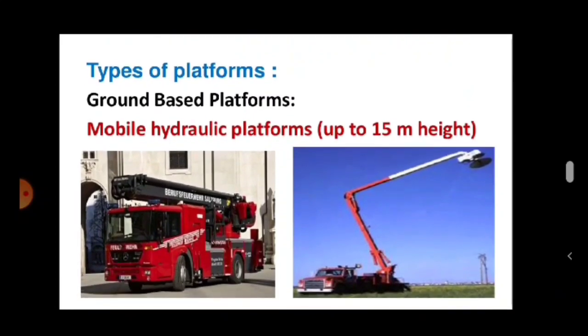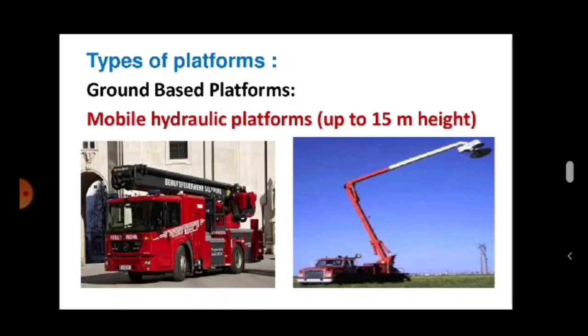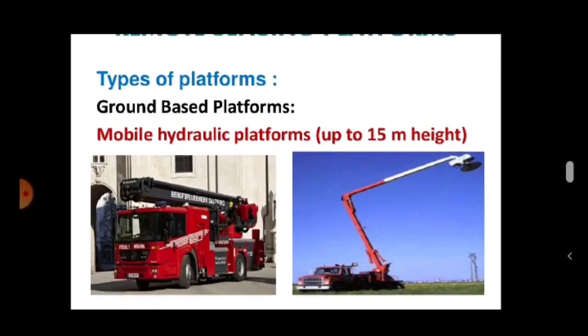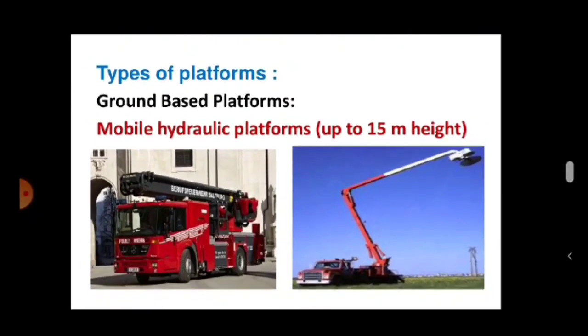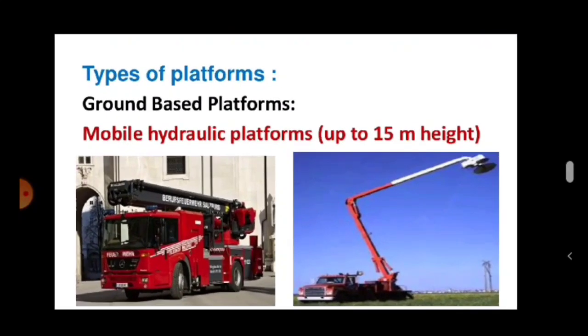So ground-based platforms, usually the mobile hydraulic platform is one of the examples for this, and also when it comes to 50 meters height, we focus on these types of sensors which can be mobile, easily explained by giving an example like a vehicle.